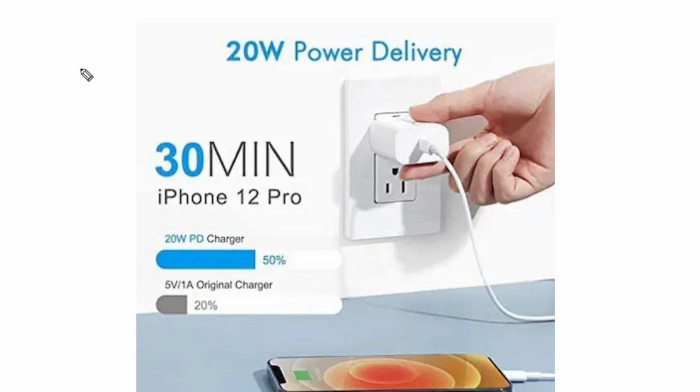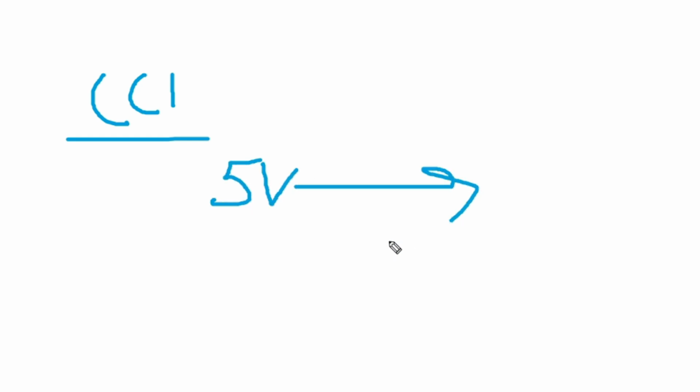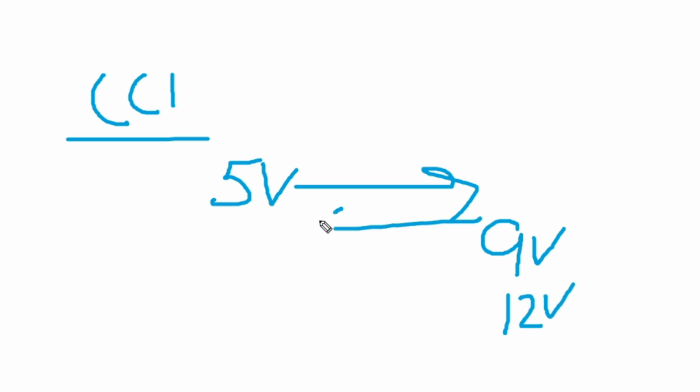When you connect the company charger, or you can say PD charger, power delivery charger, through the CC1 pin, the CC pin, first 5 volt goes to your phone. After, when everything is okay, suppose your phone's integrated circuit IC works on 9 volt or 12 volt, then a signal goes to the charger.